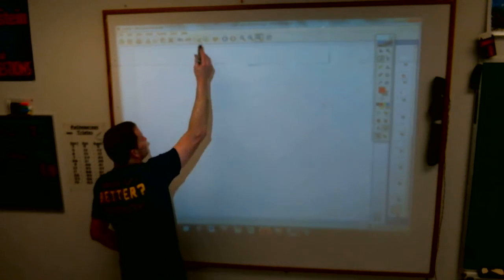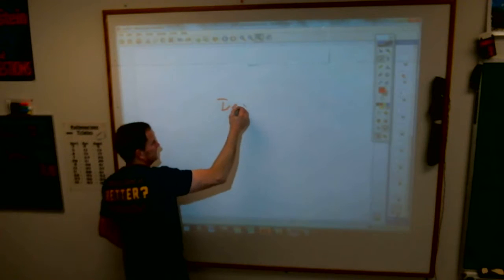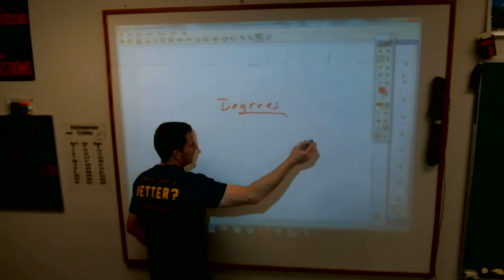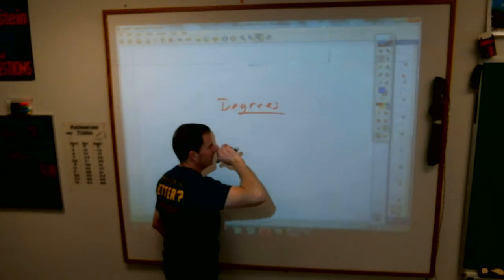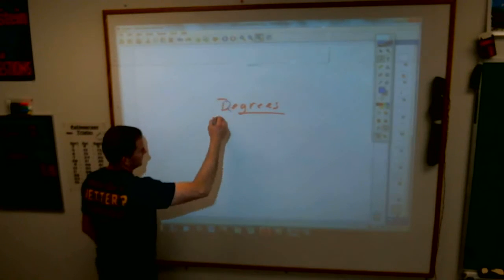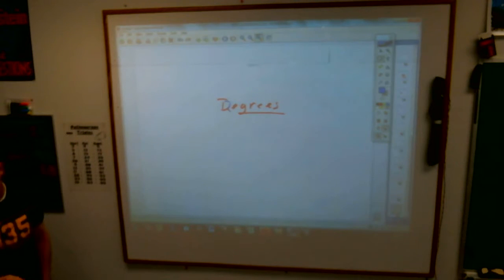Along those same lines, we have what are called degrees. This is where your notes come in very helpful because you won't remember this unless you put it in your notes. It's not something that comes up very often, but it does come up occasionally.